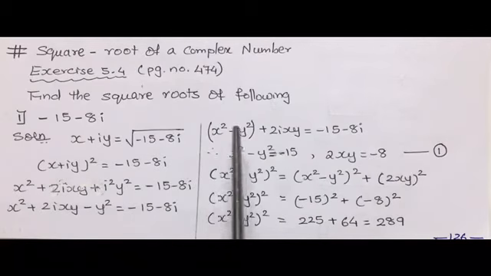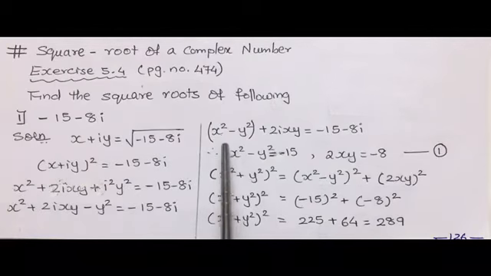Taking the reals together, we get x square minus y square plus 2i xy, that means imaginary we have separated, reals we have taken together, equal to minus 15 minus 8i.